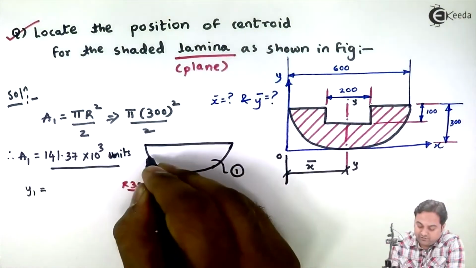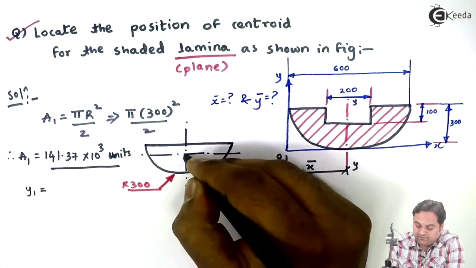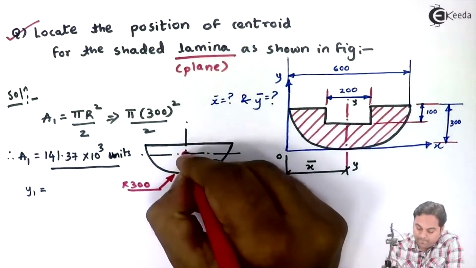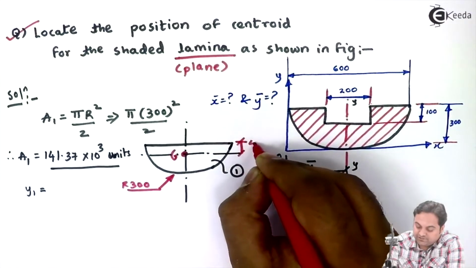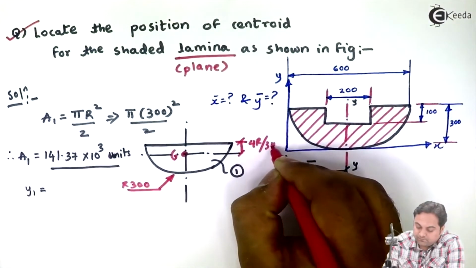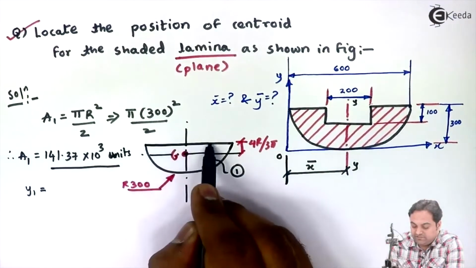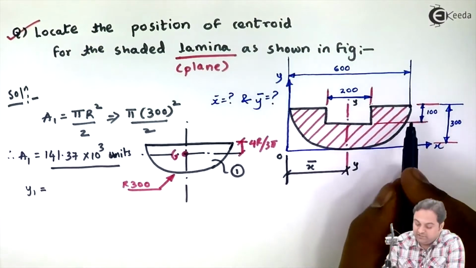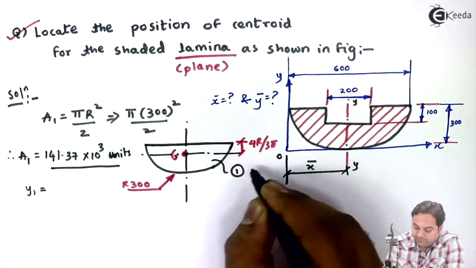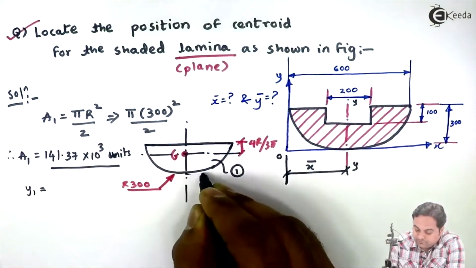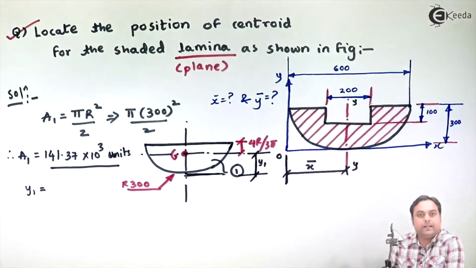We know that for the semicircular portion, the centroid is located at 4r upon 3 pi distance from the diameter, but it is from this 600 mm edge. Now we need to find the centroid location, that is y1 distance from the bottom. So this is y1. This y1 is what we have to calculate.